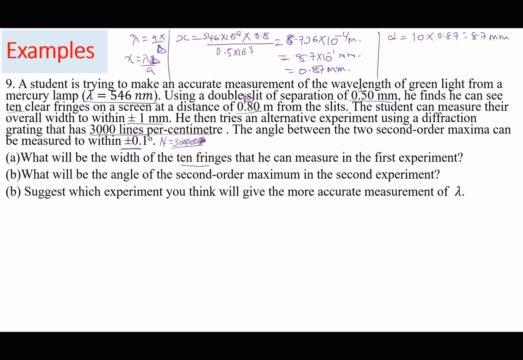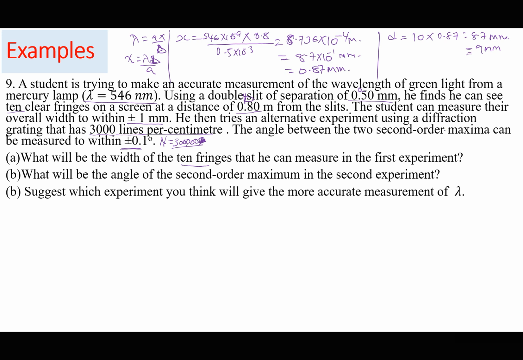But they say the student can measure their overall width to plus or minus 1 millimeter. So I have to round off to the nearest millimeter, so this is approximately 9 millimeters.